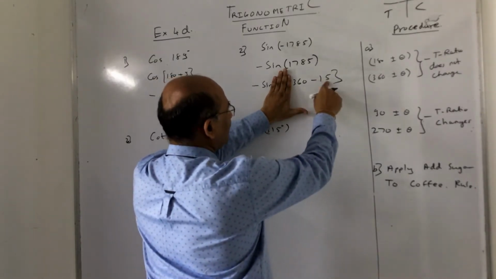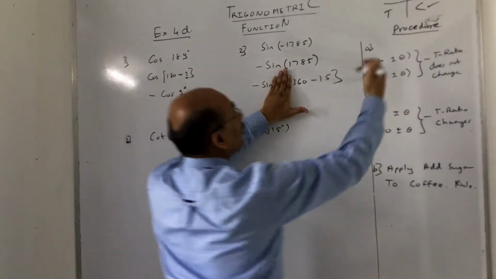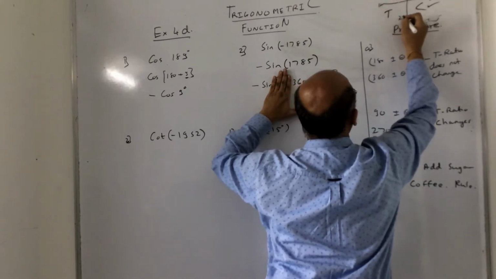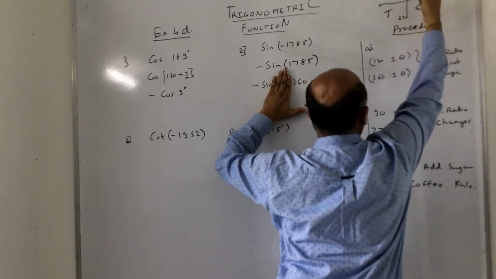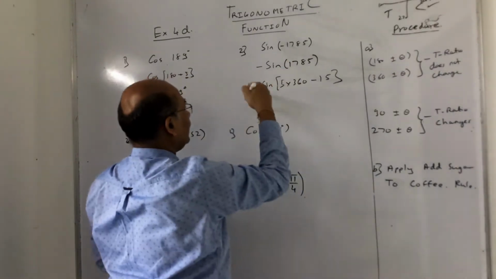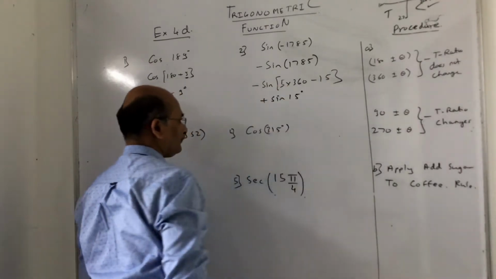But 360 minus theta is the fourth quadrant, because this is 0, this is 90, this is 180, 270 and finally 360. So the sign will be negative. Negative of negative becomes positive, and this will be sine 15 degree.